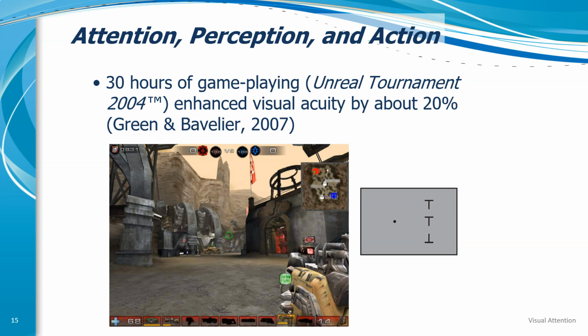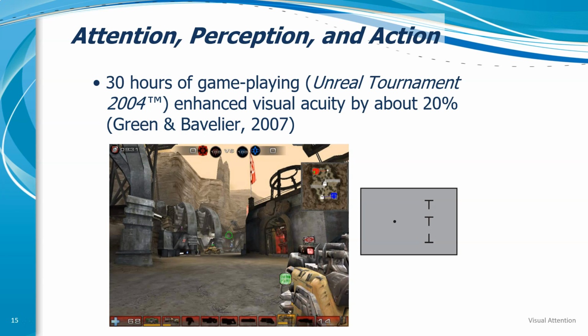This actually enhanced visual acuity. This is the test of visual acuity. You fixate on this point, and then you make judgments about these objects appearing in your periphery. In this case, clearly, this bottom T is upside down. People's visual acuity improved by about 20%.